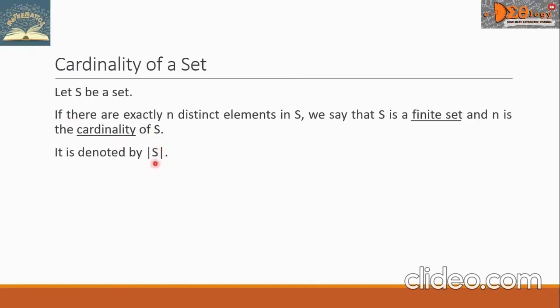The S is enclosed in two bars. Example, set A has elements 2, 3, 6, and 11. Then the cardinality of A equals 4. And we can see that there are 4 elements in A.